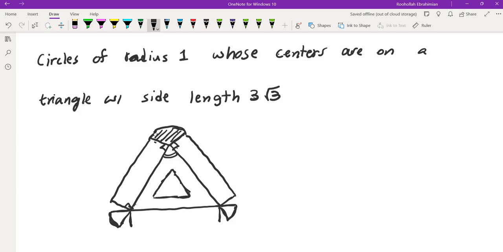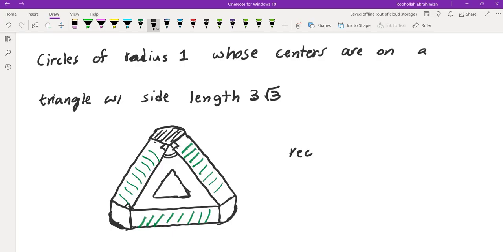I have three rectangles, and then I have three sectors here, and then we'll have to evaluate the area of these. Okay, let me mark what we have. We have this rectangle and this rectangle. We'll find those three rectangles.